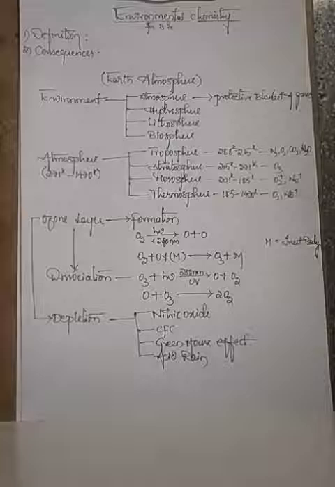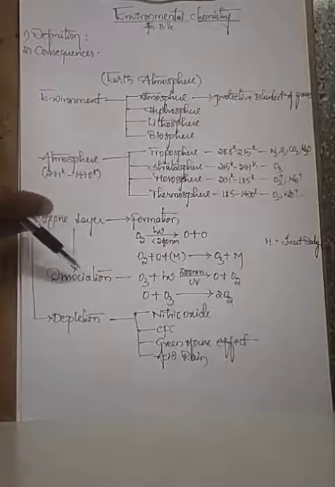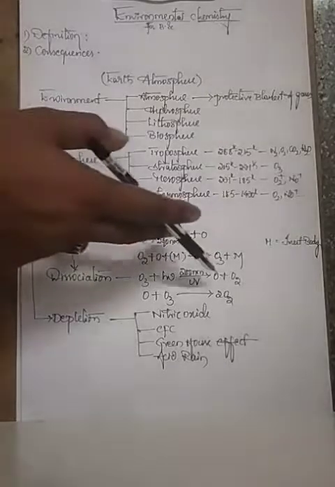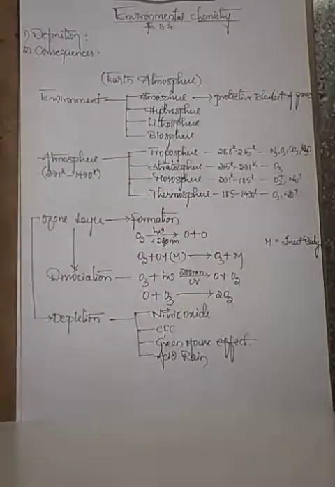This ozone layer is present about 25 km from the Earth's surface. This ozone also absorbs UV radiation of the sun and undergoes dissociation. That means O3 plus h nu forms O plus O2, and O plus O3 forms 2 moles of oxygen. And what are the main drawbacks when the ozone layer gets depleted?